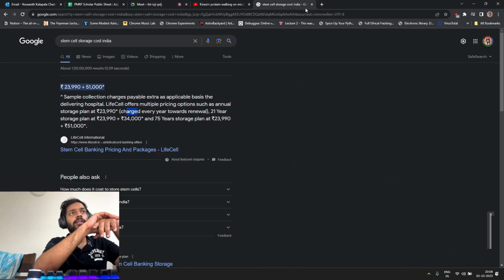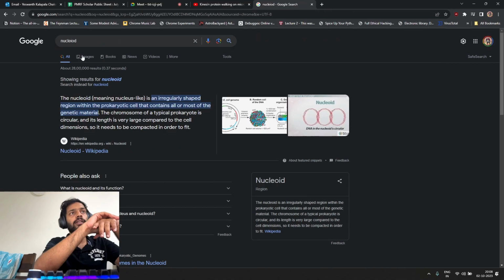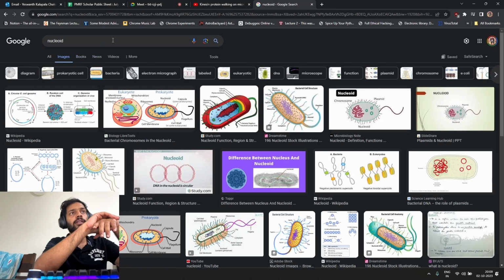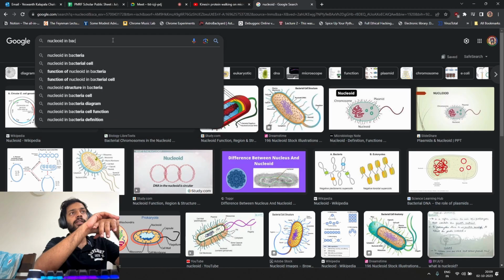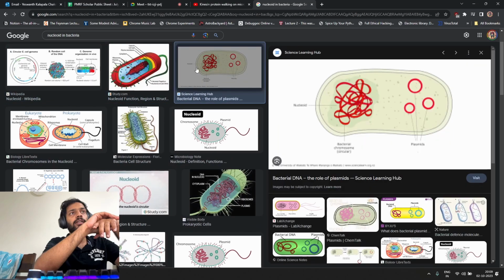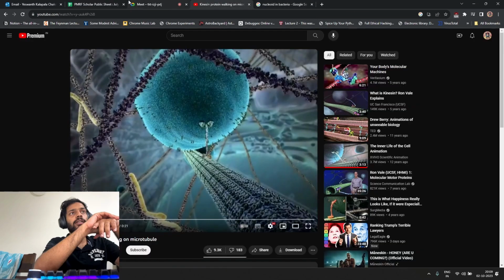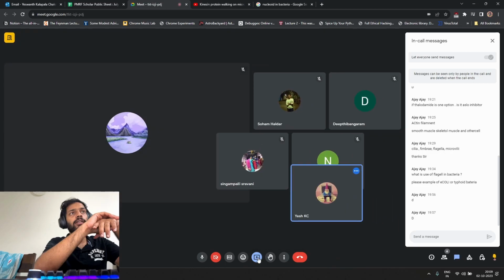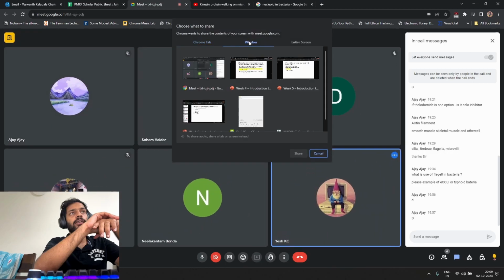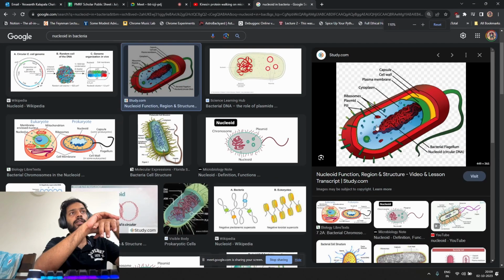If I show you, let me see. Yeah, so essentially a prokaryotic bacterial cell has this region where the condensed genetic material is present.